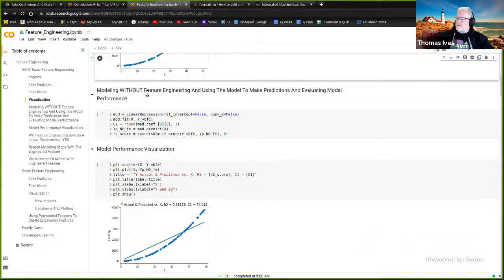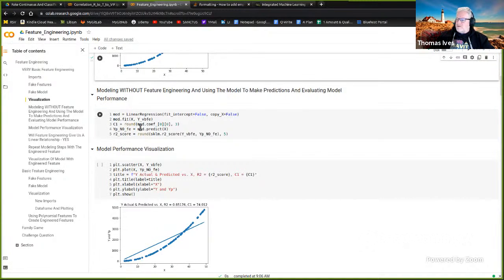Well, we're modeling without feature engineering first and using that model to make predictions and evaluating model performance. So we have already imported linear regression from the scikit-learn library, and we're going to start out with saying the intercept is false and that the copy of X, we don't need to do a copy of X. Now we fit the model with those very basic labels we created and our X values.